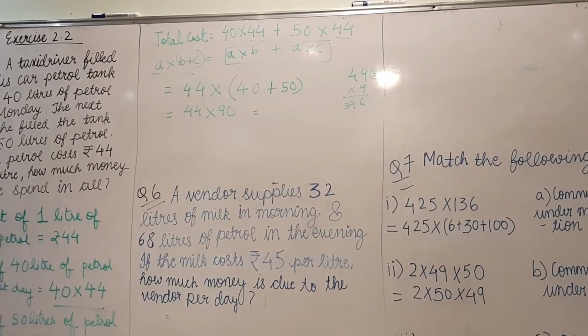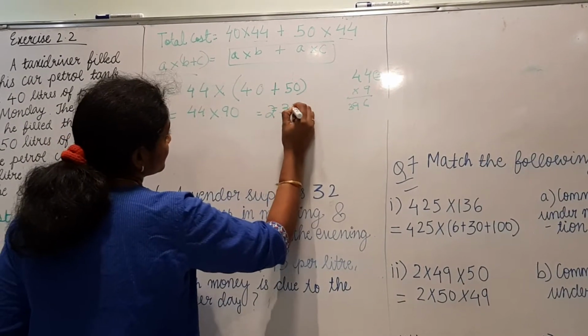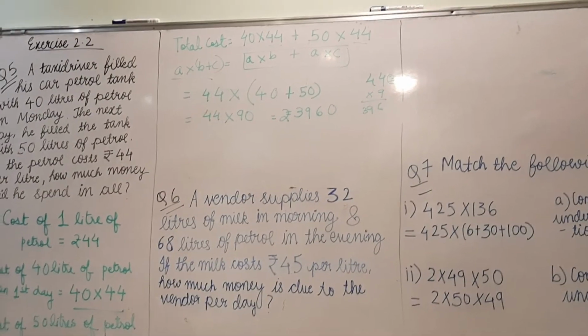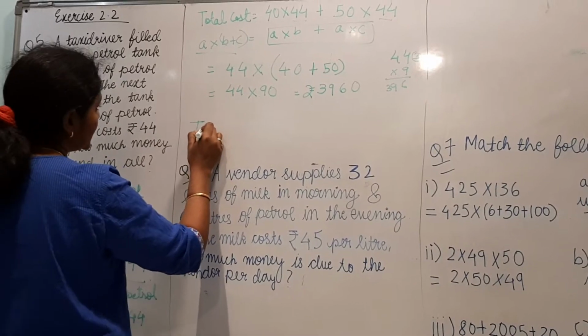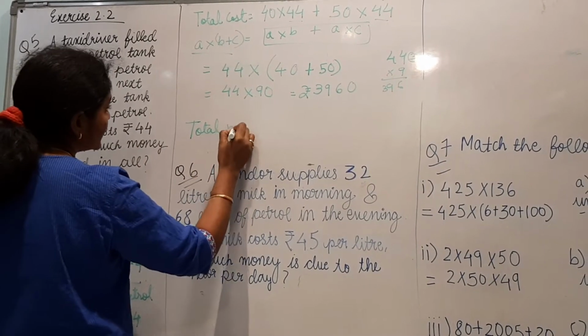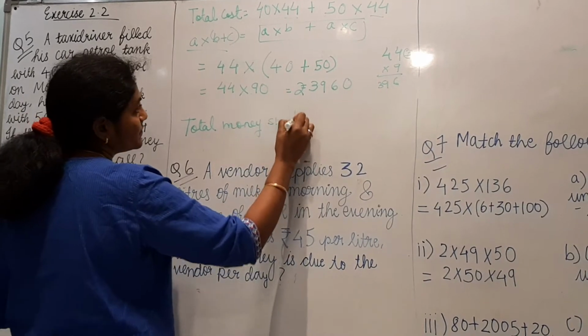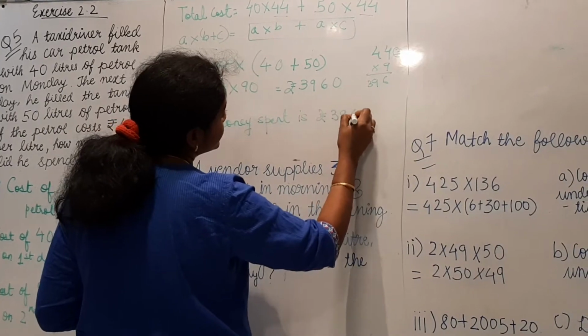This will be rupees 3960. Right? Hope it is understood. Write the final statement. So total money spent is rupees 3960.